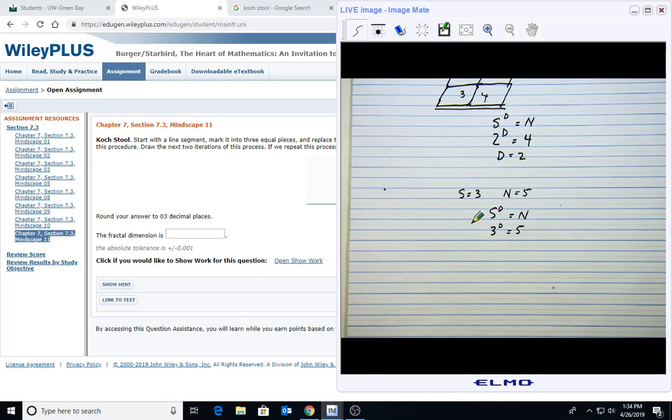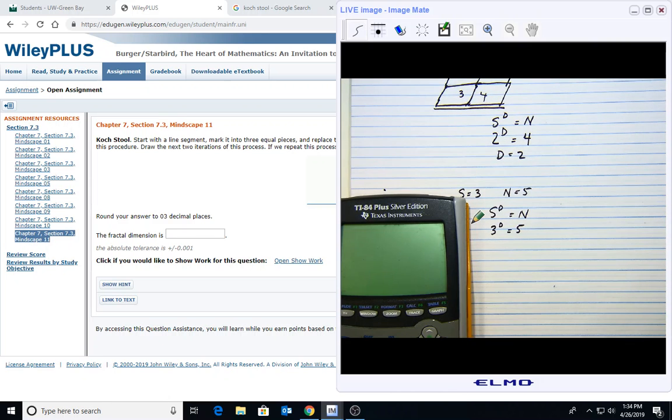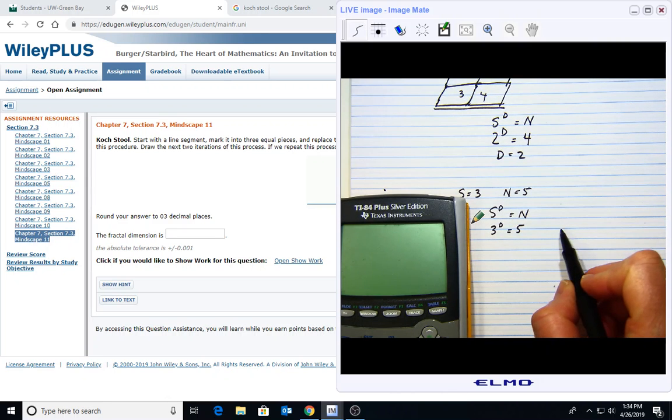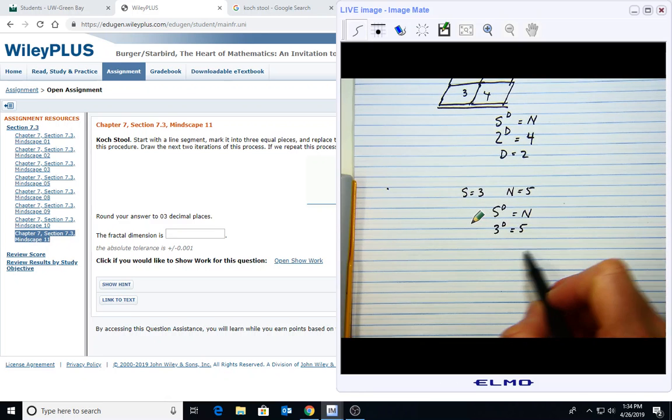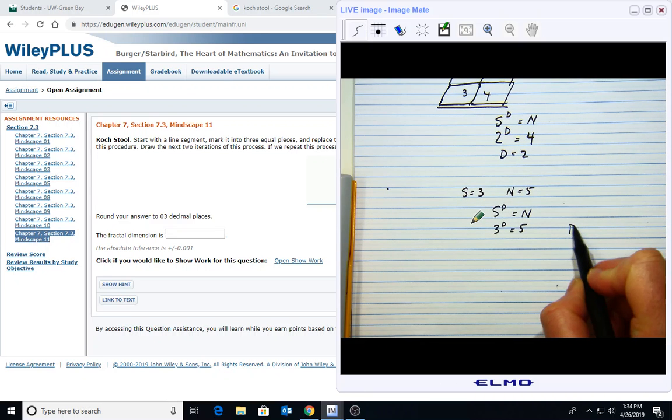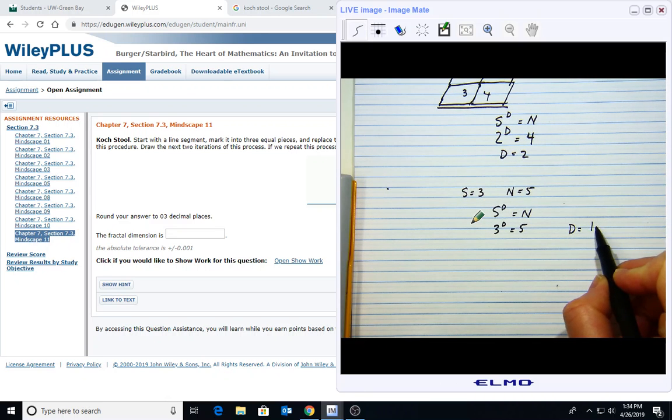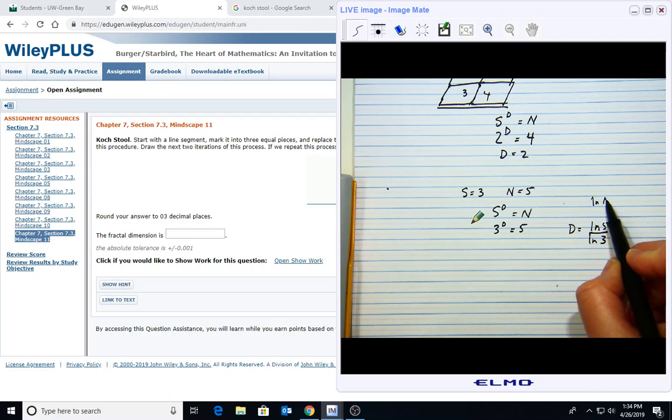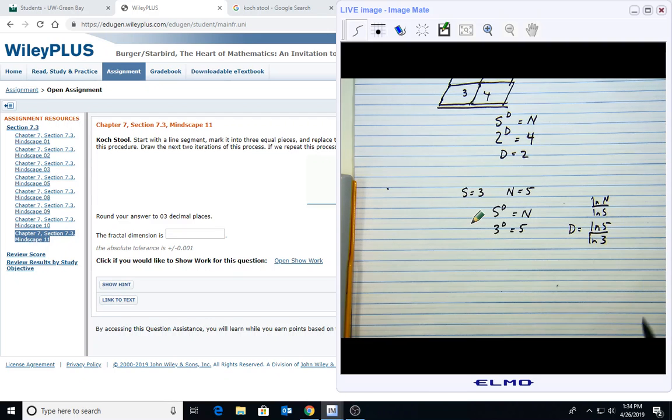And go ahead and work until you can find what that is. For these, it's a little easier to do a little math and come up with the formula. The dimension is ln of 5 over ln of 3. So ln of n over ln of s was another formula that we looked at as a way to find the dimension.